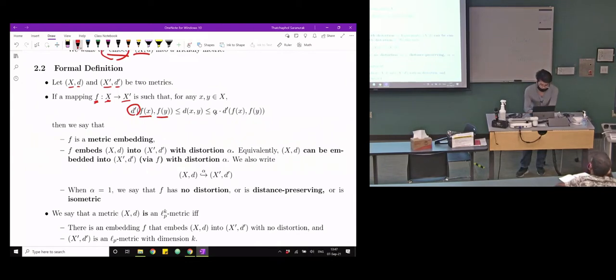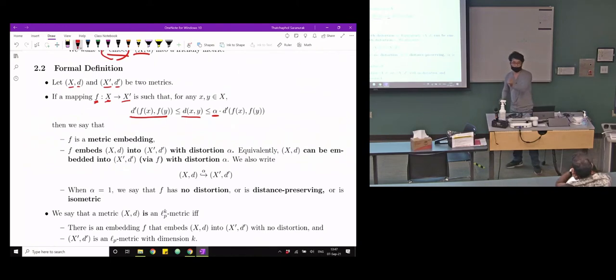So the distance is preserved, sandwiched around the original distance with some factor alpha.